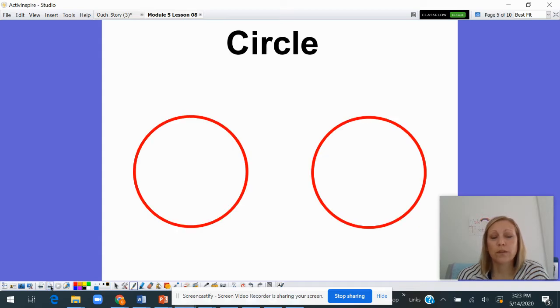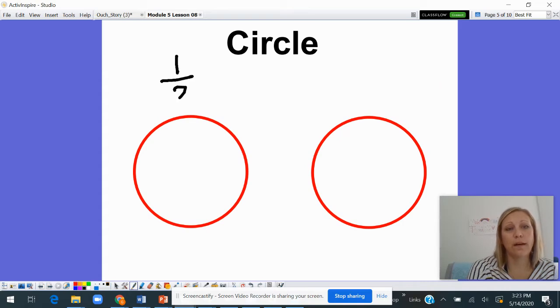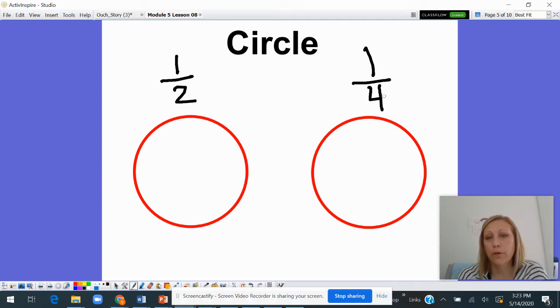Let's try with a circle. We're going to show two parts: a half of a circle and a fourth of a circle. The fourth you can see on the very bottom right here. The 4 means that there are 4 equal parts. You can see here, there are 2 equal parts.